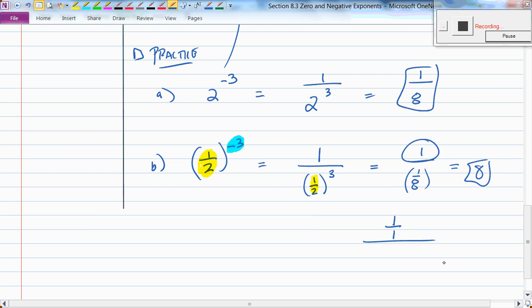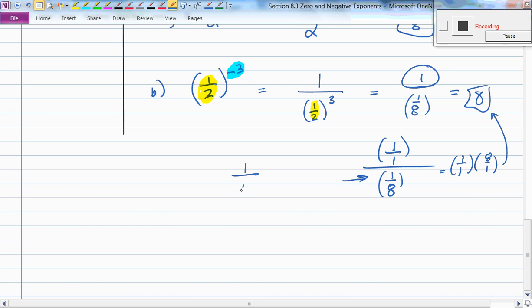What's the denominator? 1/8. You're dividing fractions. And what do you do when you divide fractions? You multiply by the reciprocal of the denominator. So that is going to be 1 over 1 times, what's the reciprocal? 8 over 1. Look at all these 1s I have here. What does that just give me? 8. Very good.